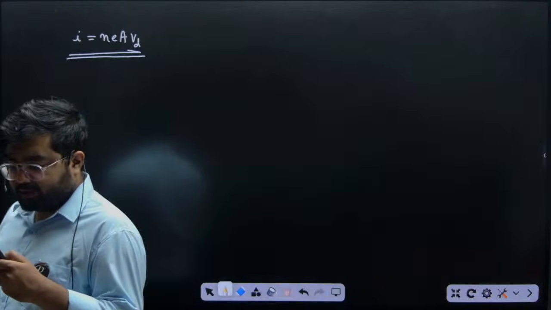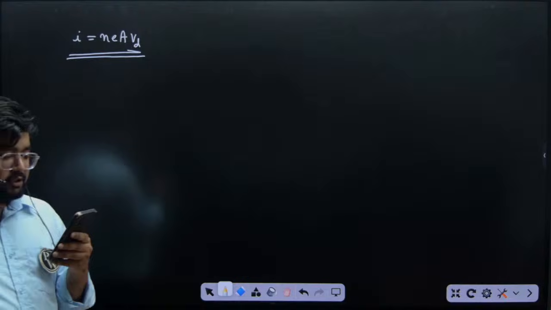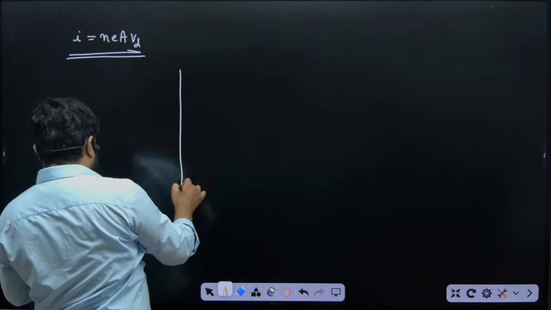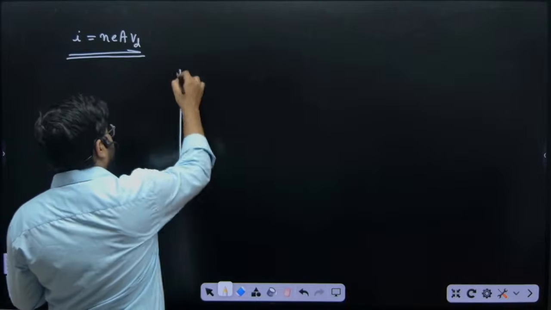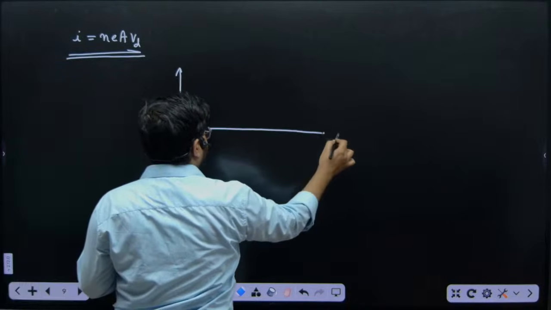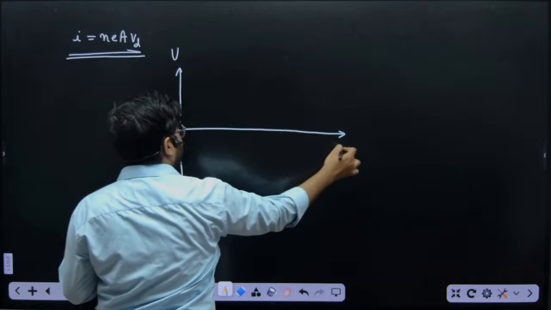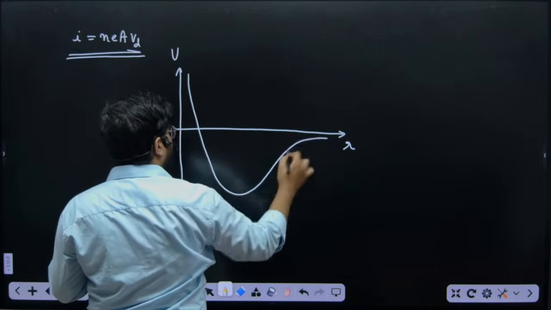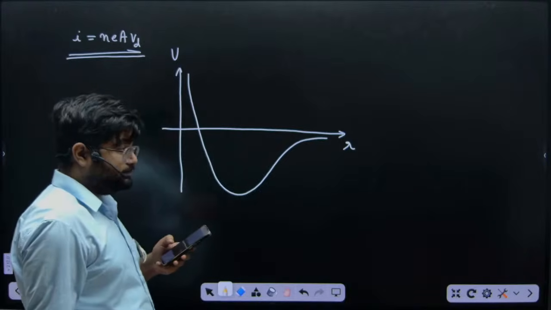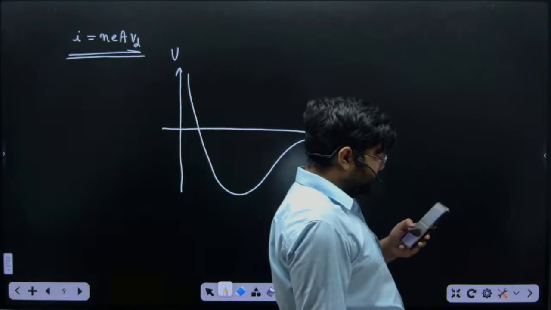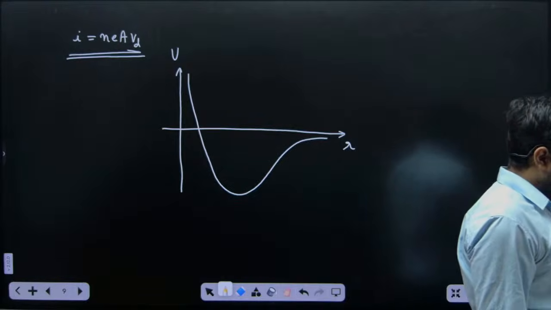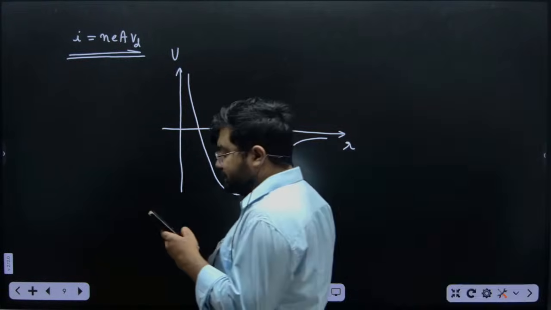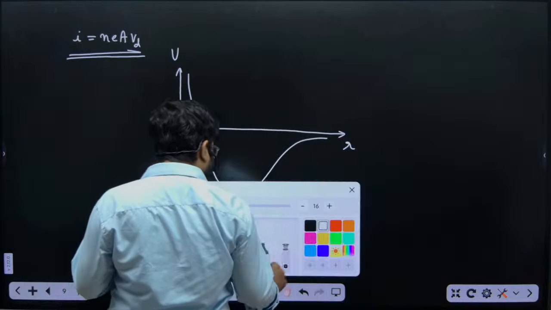Next is draw a plot of potential energy of a pair of nucleons as a function of their separation. If you have seen this graph, it's something like this. What important conclusions can be drawn from this plot?